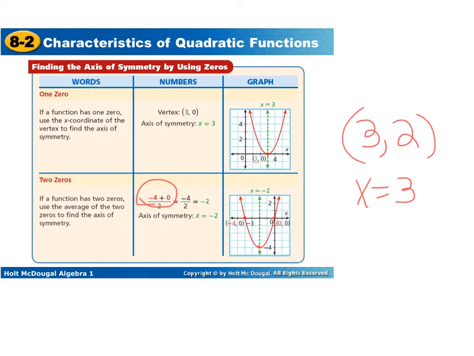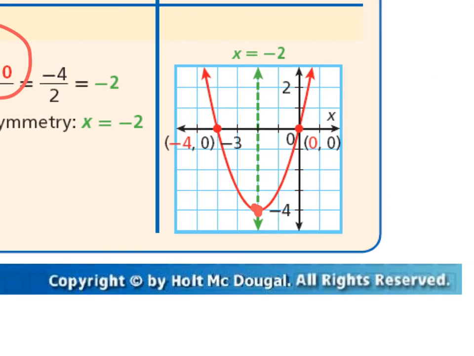It's the vertex. So notice the vertex here is down here. So let's figure out this ordered pair. -1, -2. So it's -2, comma, negative 4. So my axis of symmetry is just this number, x equals negative 2. Now what they're telling you you can also do is take the zeros.